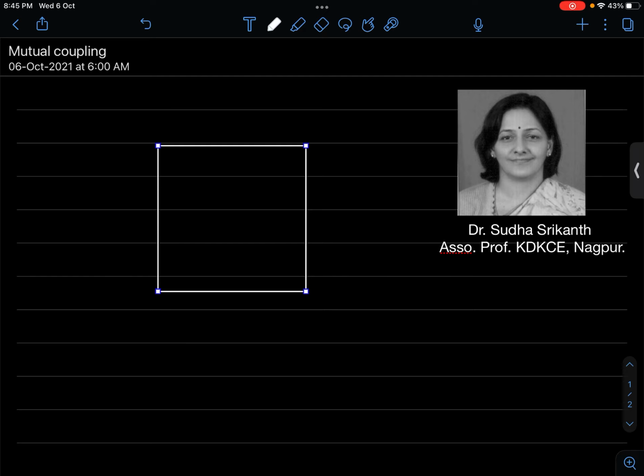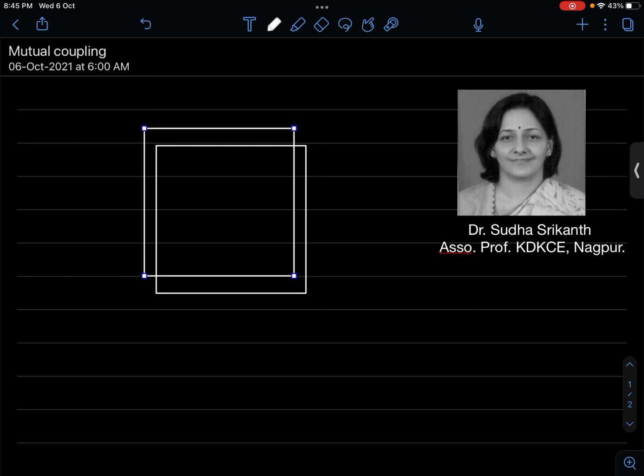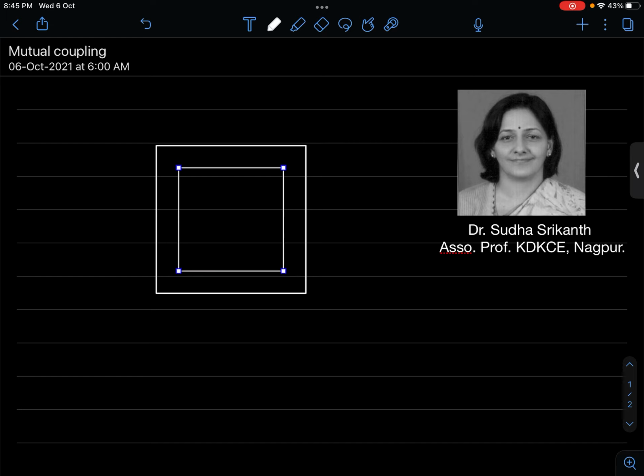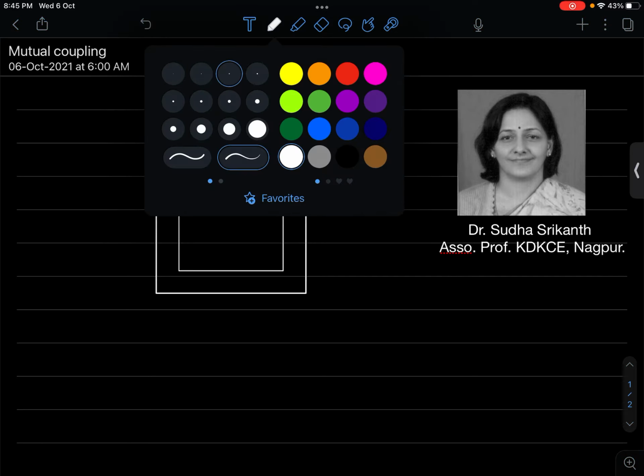I'll copy this figure, paste it, and reduce it in size. I've taken a simple magnetic core.